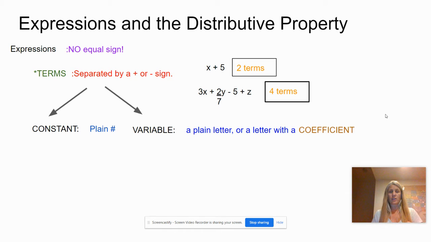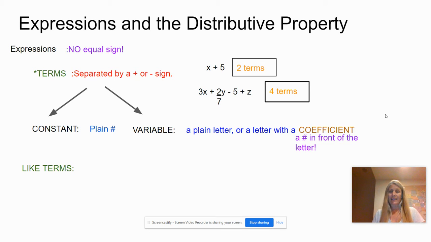So our coefficient of our top number of X is that invisible 1. Our coefficient of 3x is 3. Our coefficient of 2/7 y is 2/7. So we can have that coefficient, which is a number in front or a fraction or a decimal in front of that variable, in front of that letter.